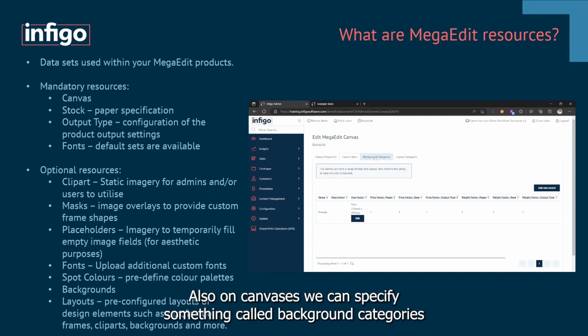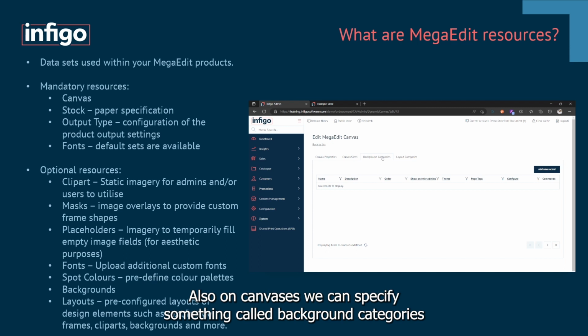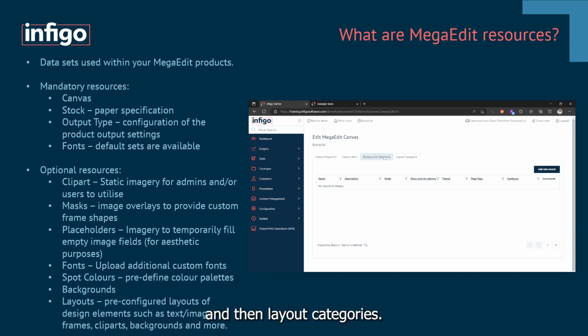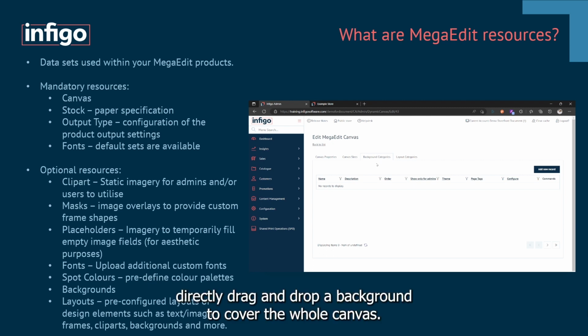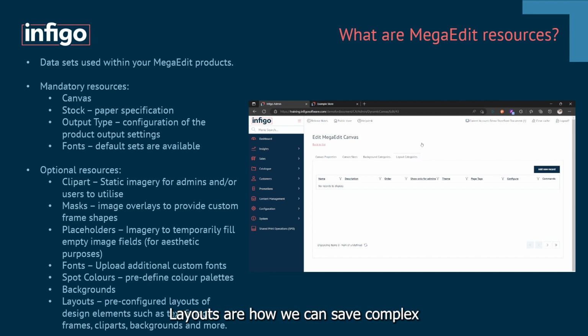Also on canvases, we can specify something called background categories and layout categories. So background categories allow us to actually directly drag and drop a background to cover the whole canvas. Layouts are how we can save complex configurations of our product pages.